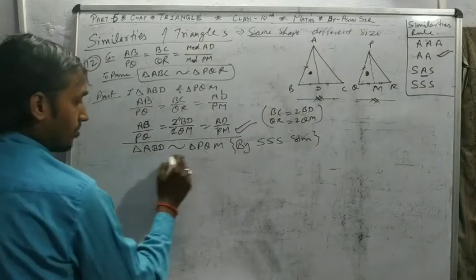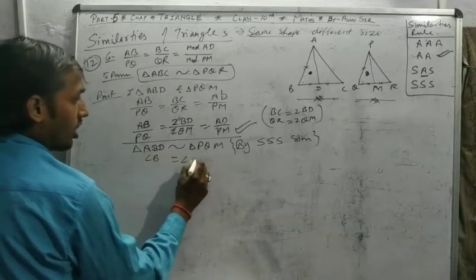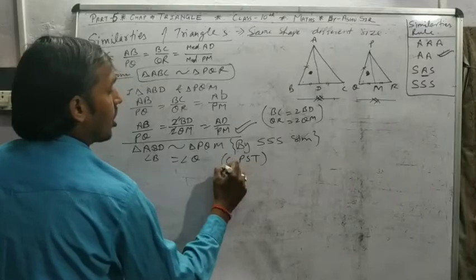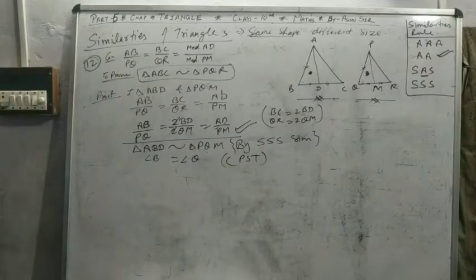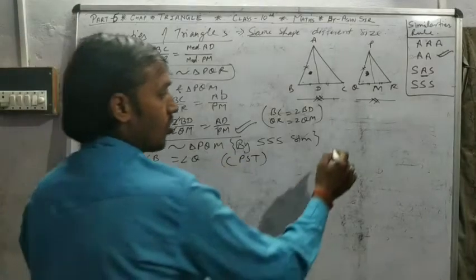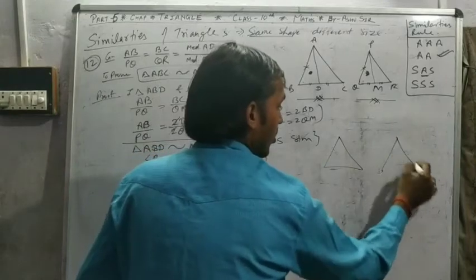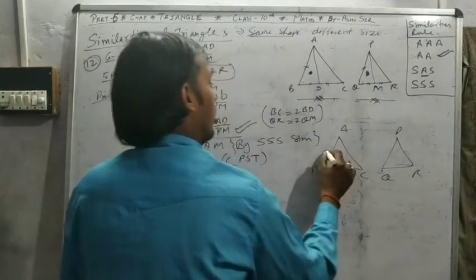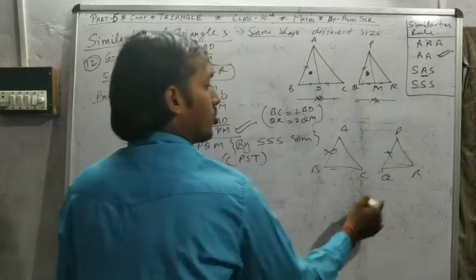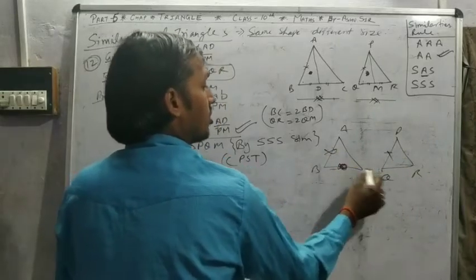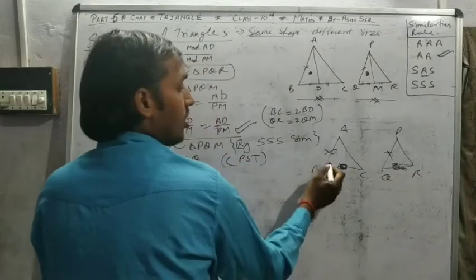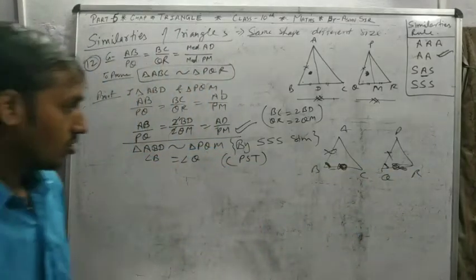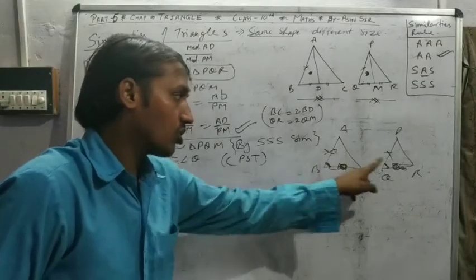When these are similar, angle B is equal to angle Q by CPST, corresponding parts of similar triangles. So AB upon PQ is given, BC upon QR is given, and angle B is equal to angle Q, already proved. So side angle side, the triangles are similar.